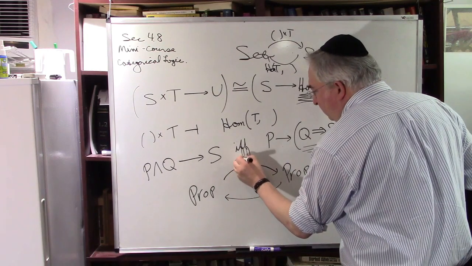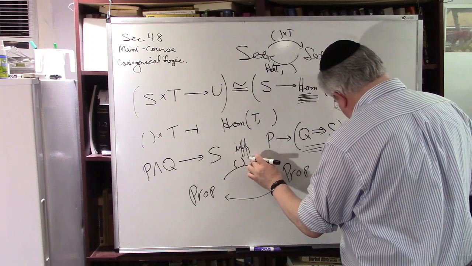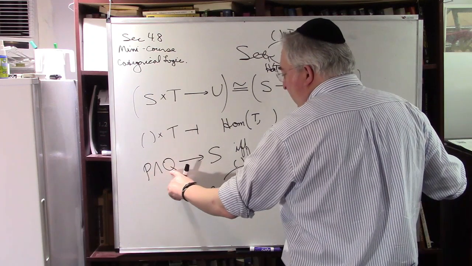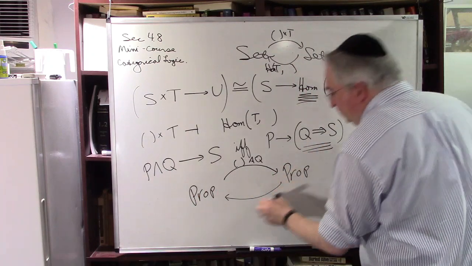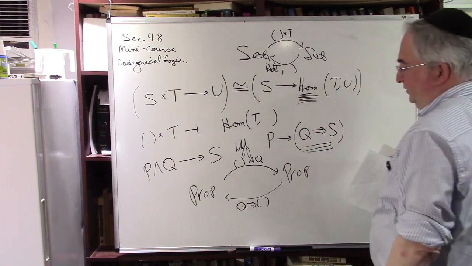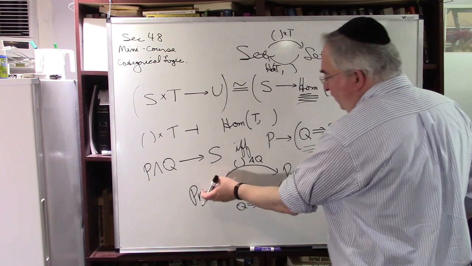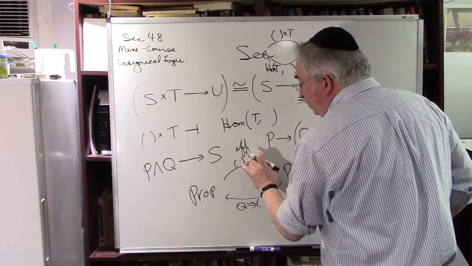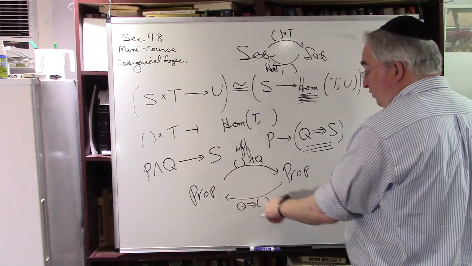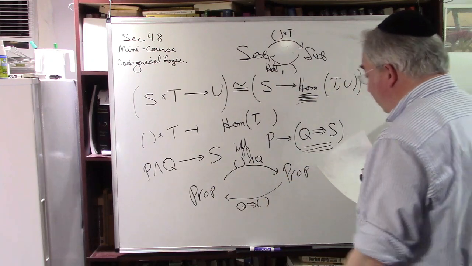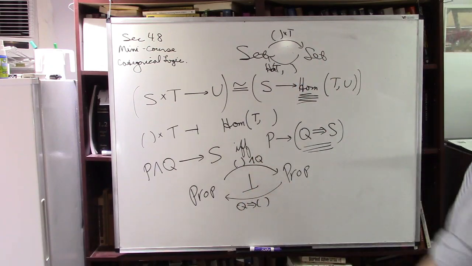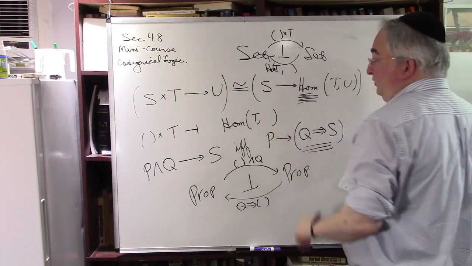Take a Q, so this is P and Q, and now I'm going to do Q arrow anything else. So this is a functor that takes a proposition and gives you P and Q. This is a functor, internal hom with Q. And now we have, this is left adjoint to that, just like this is left adjoint to that.